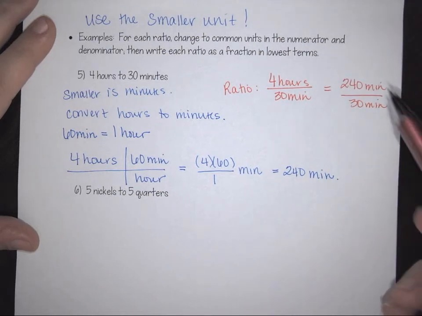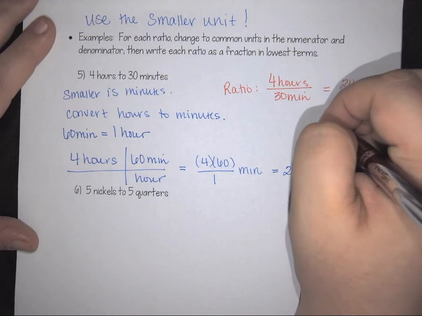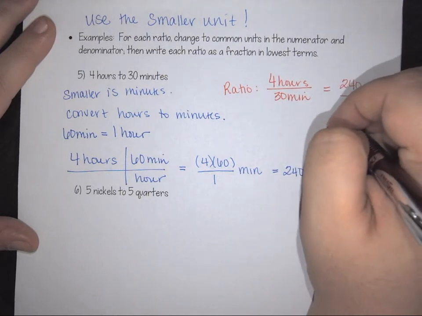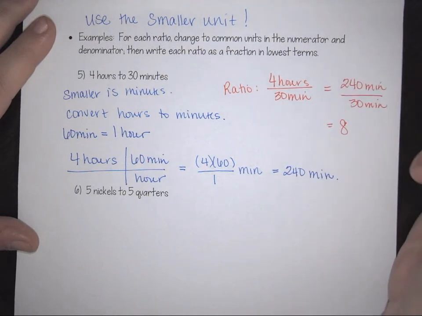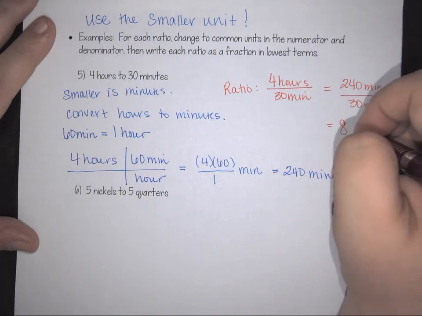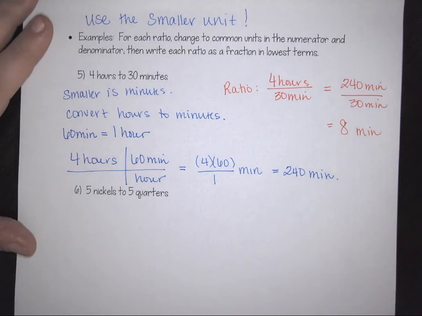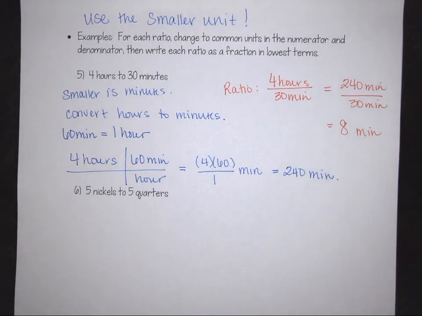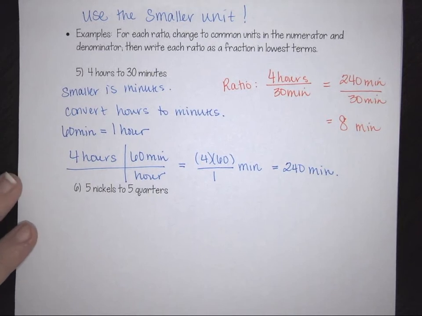I have 240 over 30. Well, that is going to reduce down to 8. And technically we're talking about minutes. So that is how you would run your conversion.